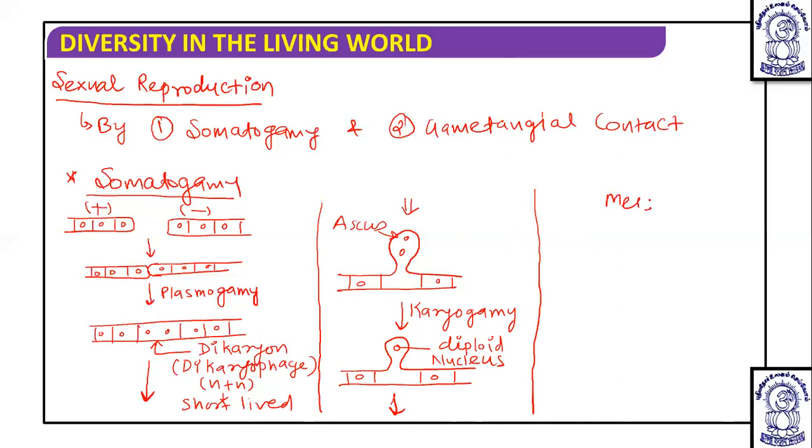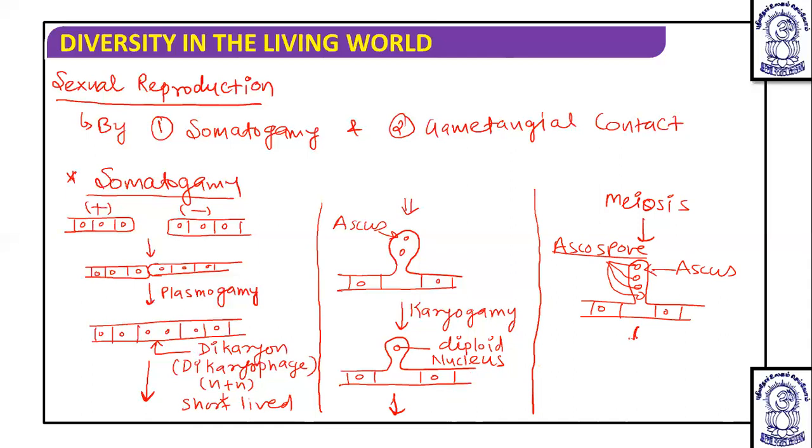And when meiosis occurs, then four ascospores are produced. So four ascospores are produced within the ascus. So we can say they are endogenously produced sexual spores.